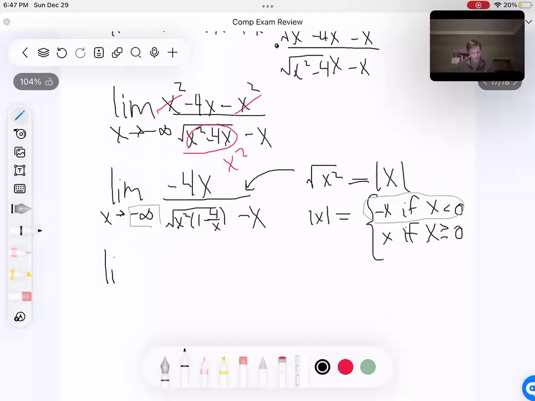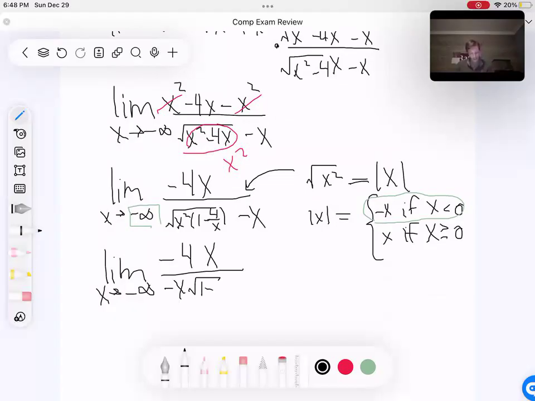This is where they try and trick you, and this is what makes this problem difficult. Limits aren't so tricky on their own, but there are things that they are purposely trying to stump you on. When we factor that out, you are going to get a negative x, not a positive x. So remember, the square root of x squared is not just x. It is the absolute value of x.